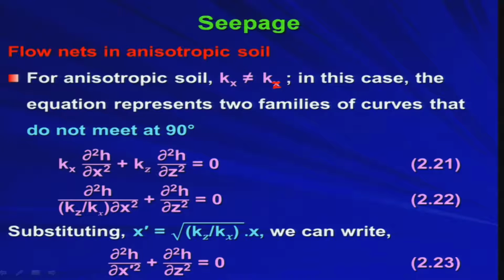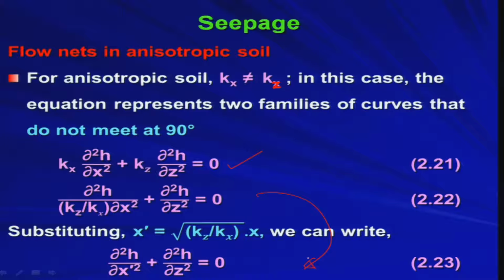We can modify equation 2.21 in this way: del 2h by (Kz by Kx) del x square plus del 2h del z2 equal to 0. Now, substituting a different coordinate system, x prime equal to root over Kz by Kx into x, equation 2.22 takes the form del 2h del x prime 2 plus del 2h del z2 equal to 0.